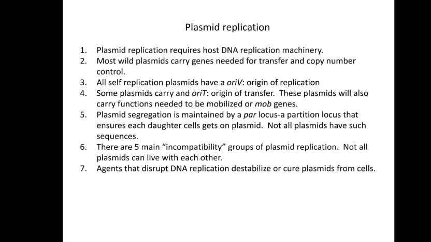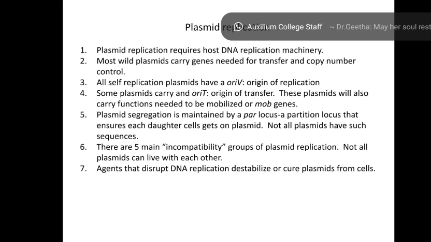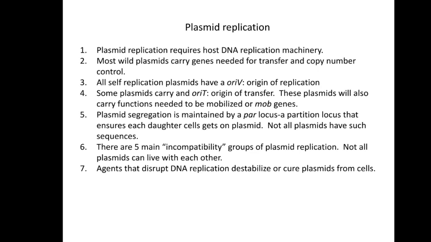Coming to the replication of plasmid DNA, plasmid replication requires the host DNA replication machinery. Wild plasmids carry genes needed for transfer and copy number control. All self-replicating plasmids have an origin of replication. Some plasmids also carry oriT, which is called the origin of transfer.